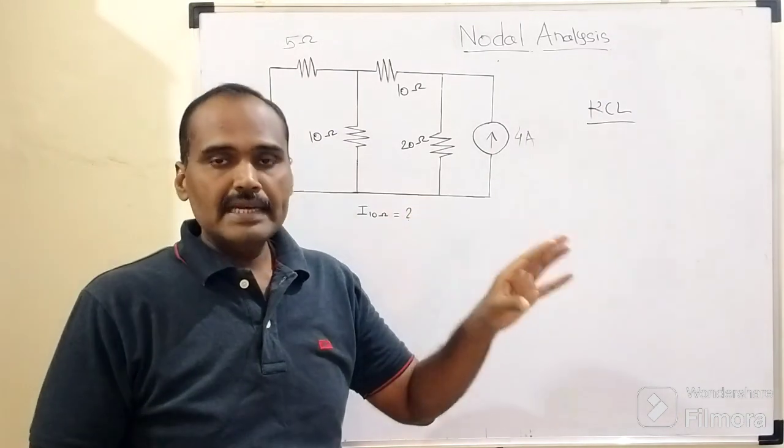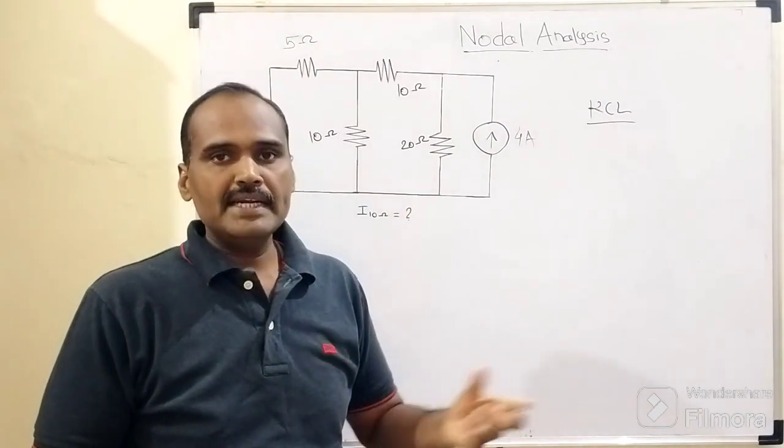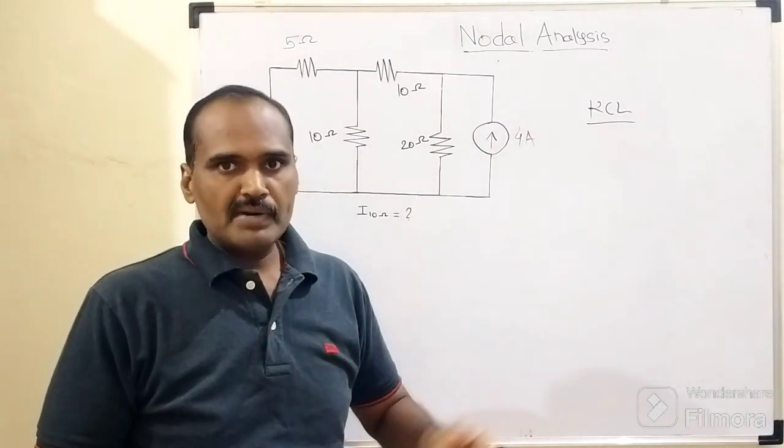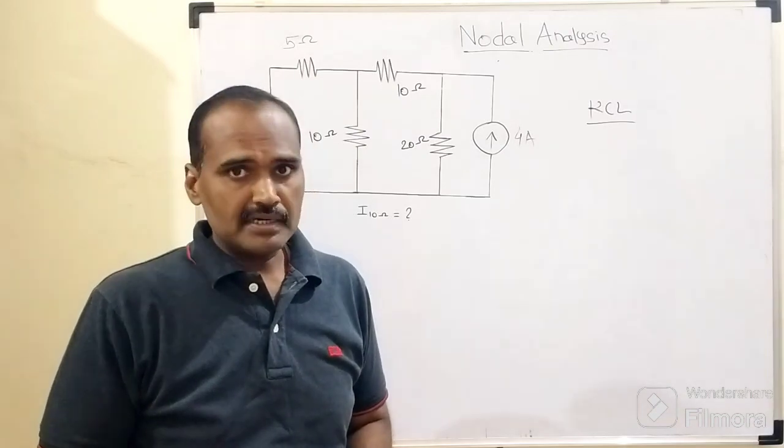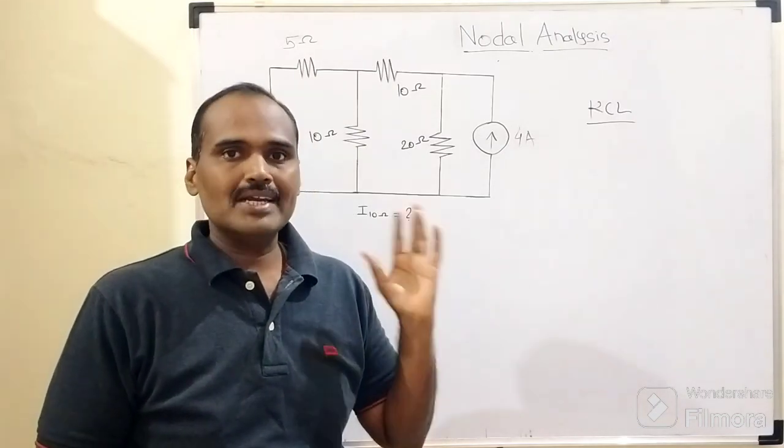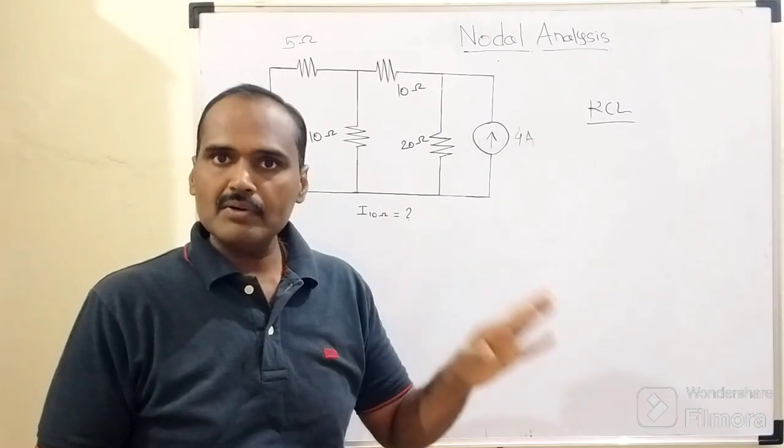From the electrical network point of view, the point at which multiple branches are interconnected to each other, that point we can call a node, or a junction.